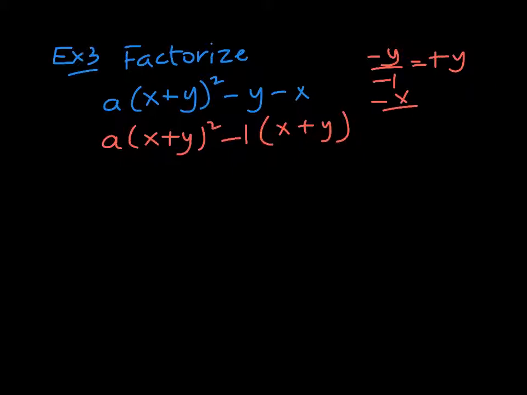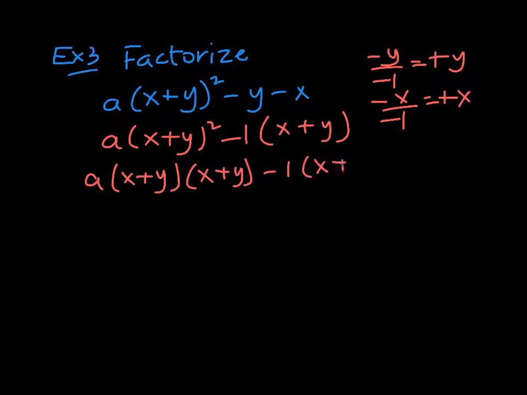Negative x divided by -1 will give us what? Positive x. So now we see that the terms on the two sides of the negative sign have a common factor, which is x plus y. Okay, so now we can write a into x plus y squared as a into x plus y into x plus y, minus 1 into x plus y.